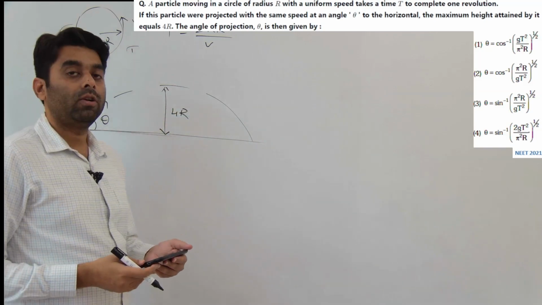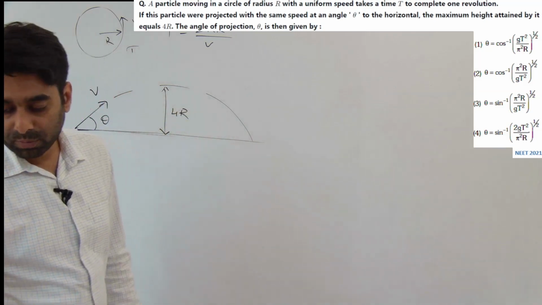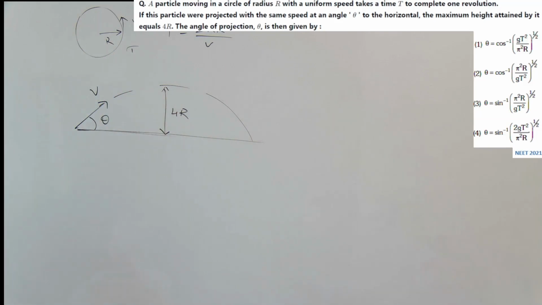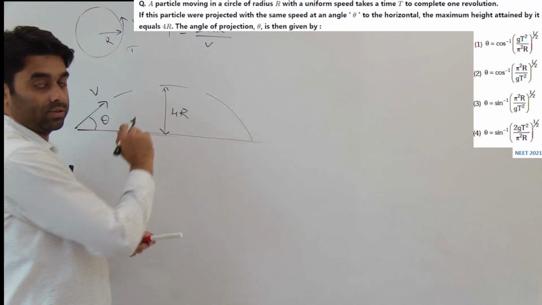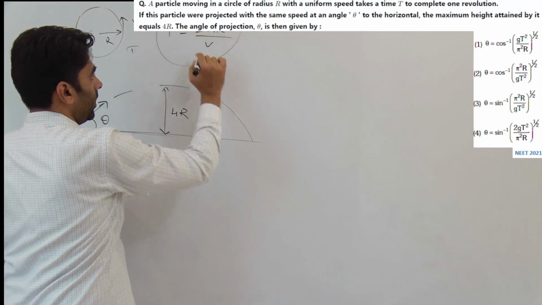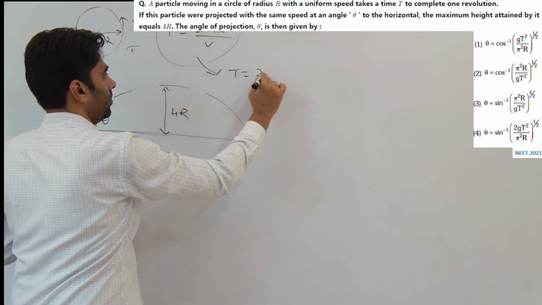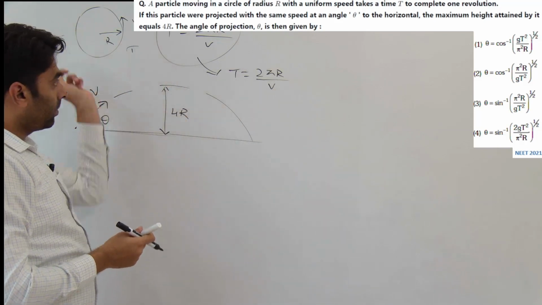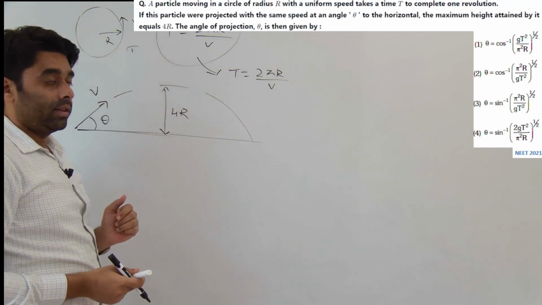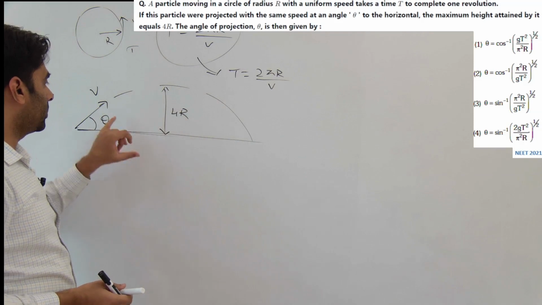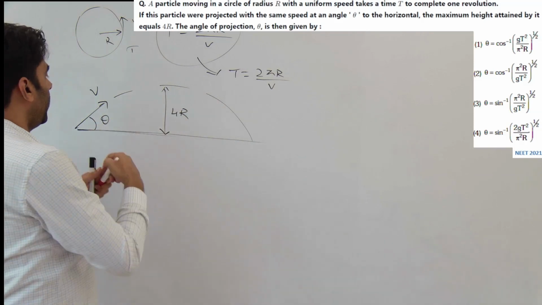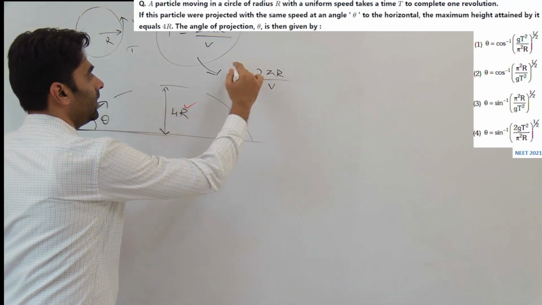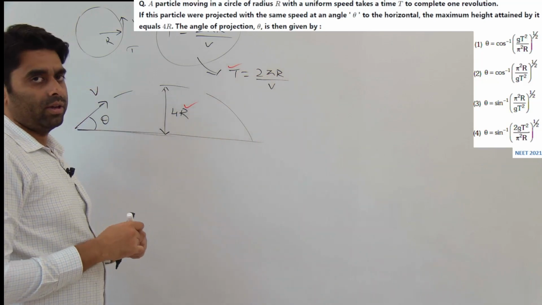Then the angle of projection theta is asked. Here t equals 2 pi r by v, as time period is distance by speed. Now they are asking us theta in terms of the parameters given to us, r, t, and pi.